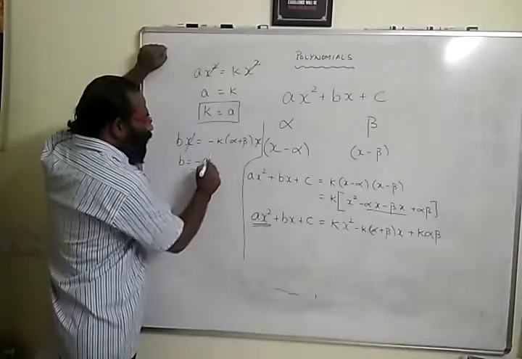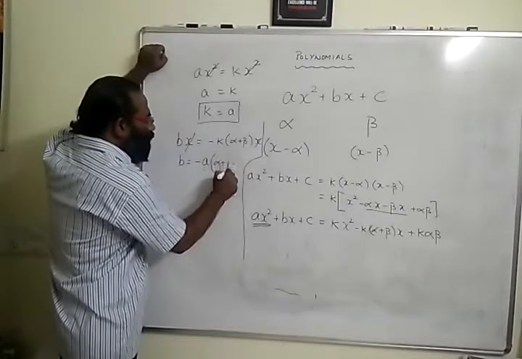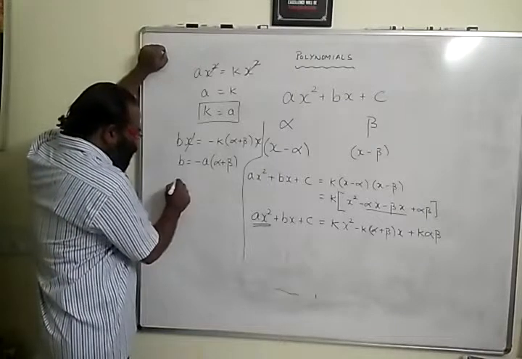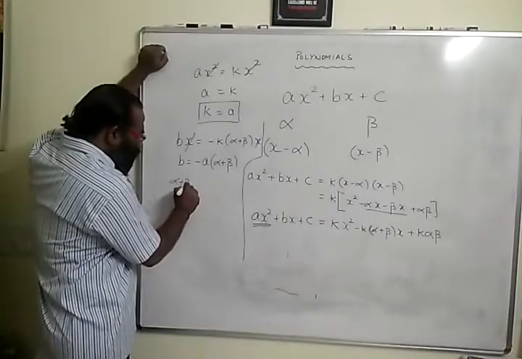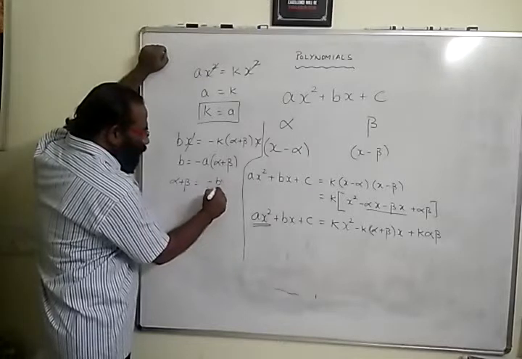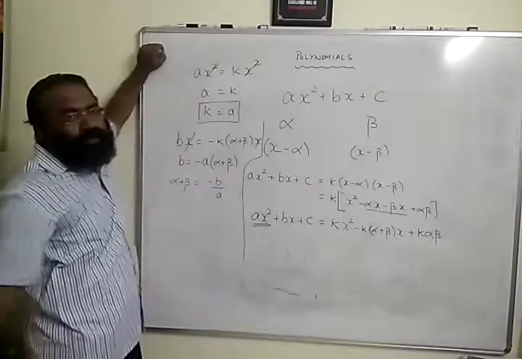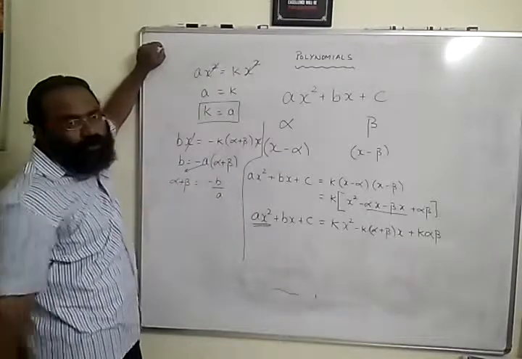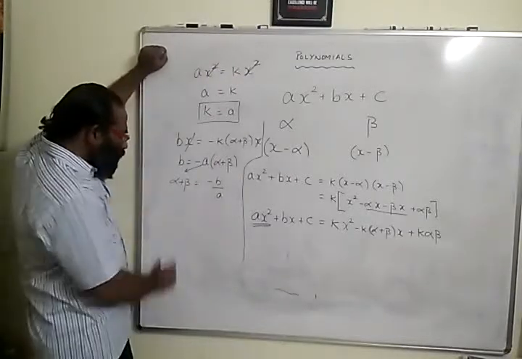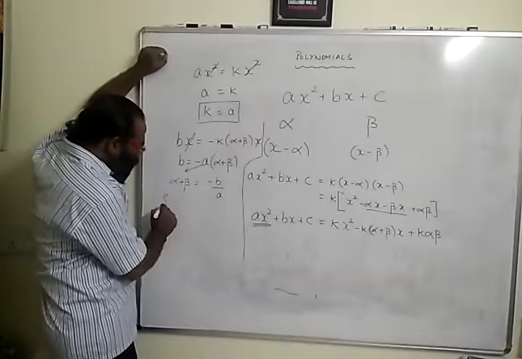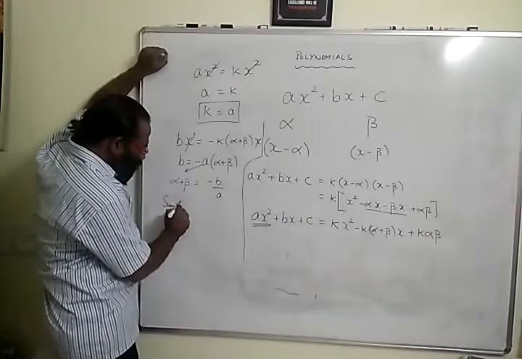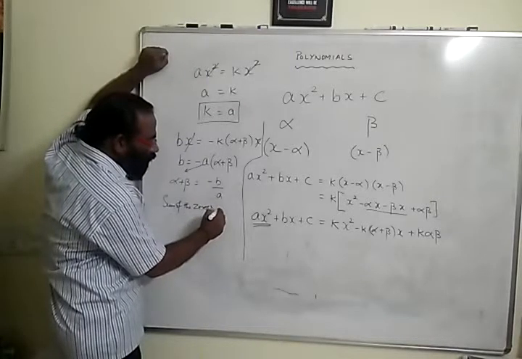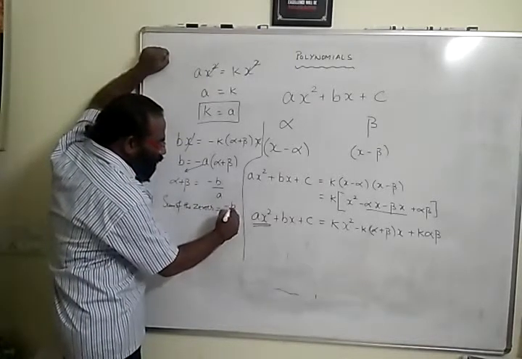So minus a into alpha plus beta, or I can say alpha plus beta is equal to minus b by a. If I take the minus this side, it becomes minus b by a. The a comes down, so alpha plus beta is equal to minus b by a. So what are alpha and beta? They are the zeros. So the sum of the zeros is equal to minus b by a.